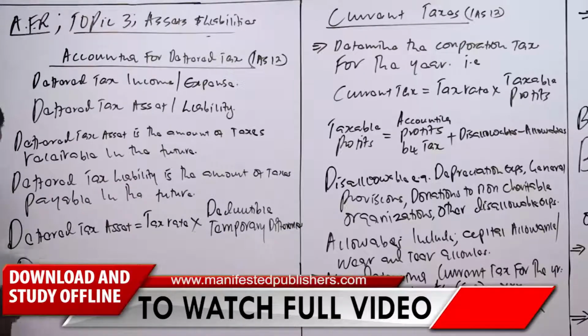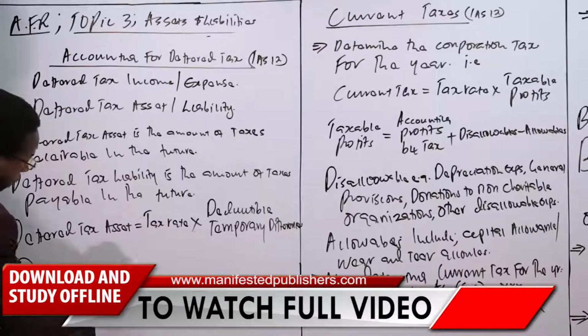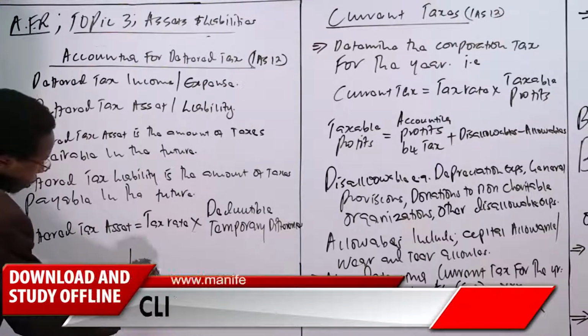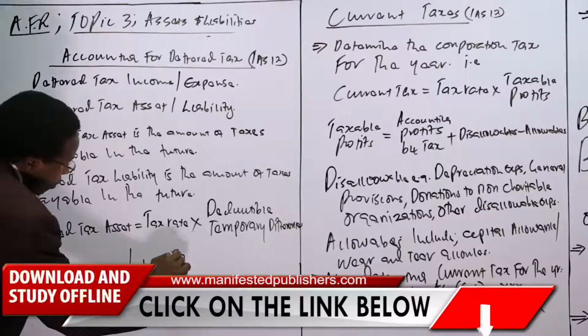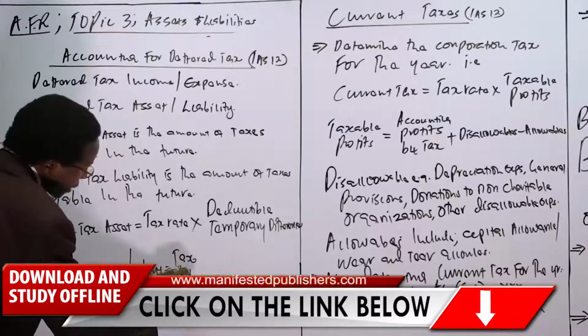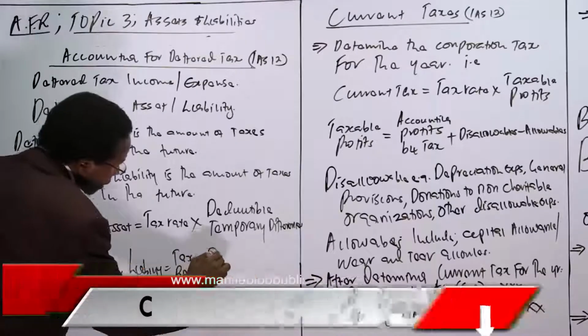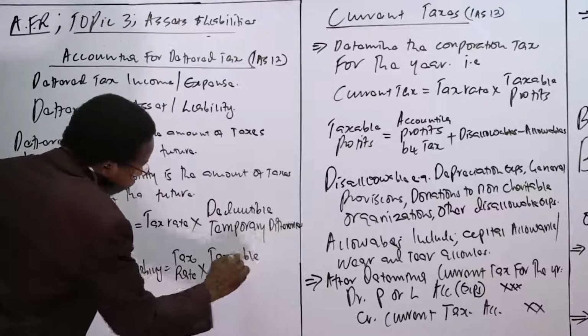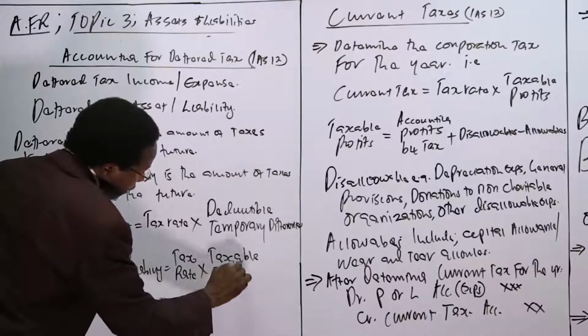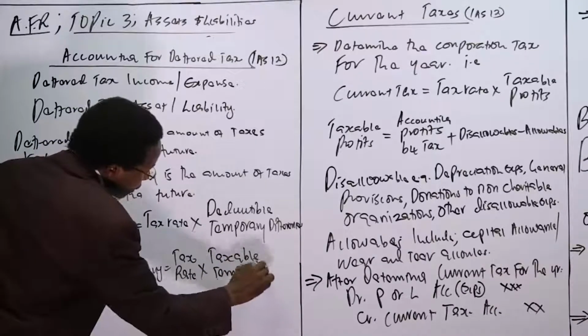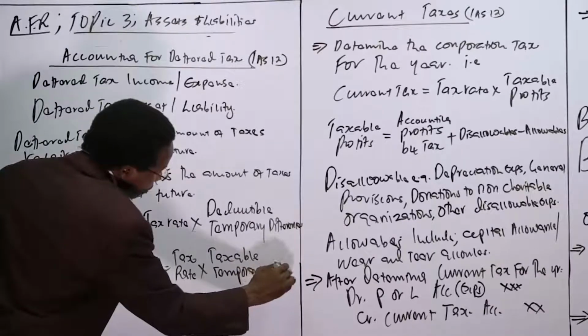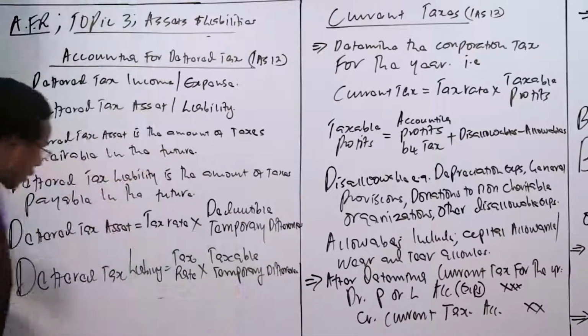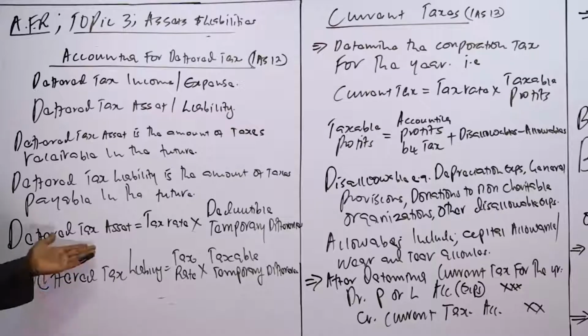And how do we compute the deferred tax liability? Our deferred tax liability is also equal to the tax rate. We take the tax rate, you multiply by the taxable temporary differences. So we have this deferred tax asset and deferred tax liability, and that's what you should remember.